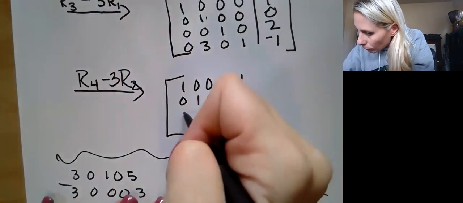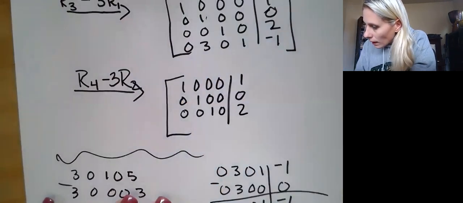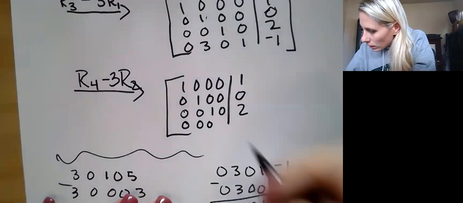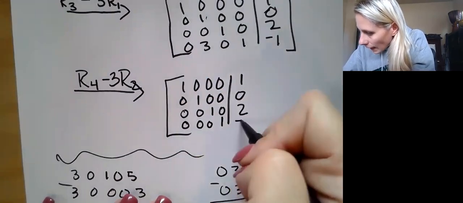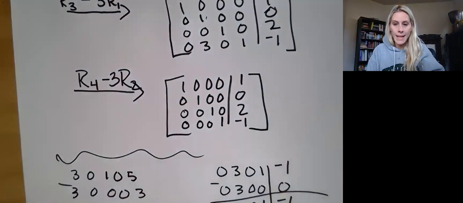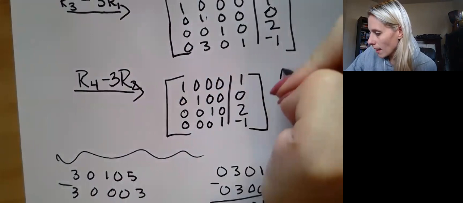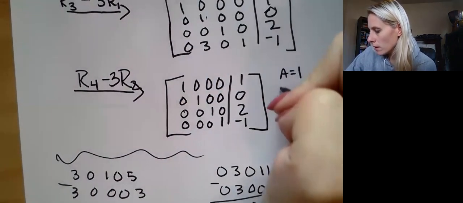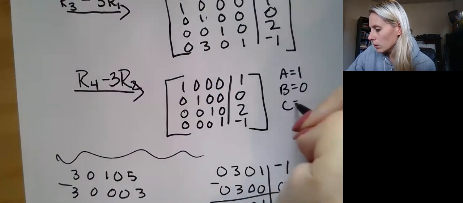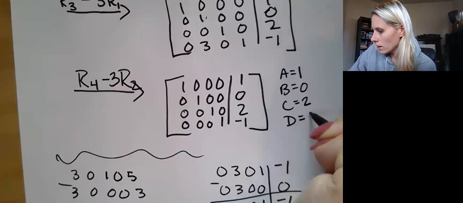Okay, row 3 is the same. And row 4, 0, 0, 0, 1, negative 1. And we are in reduced form. So exactly what does that mean right there? Well, that means A equals 1, B equals 0, C equals 2, and D equals negative 1.